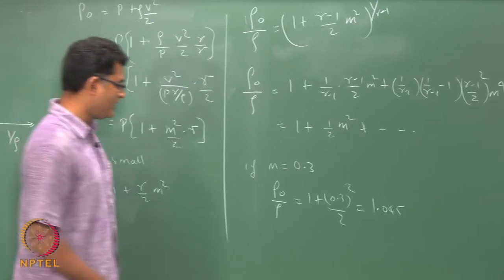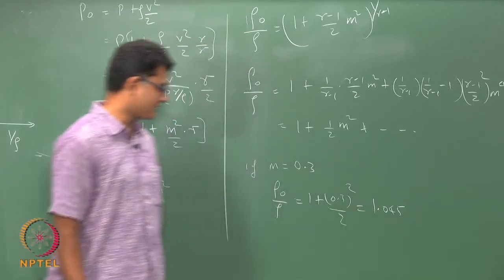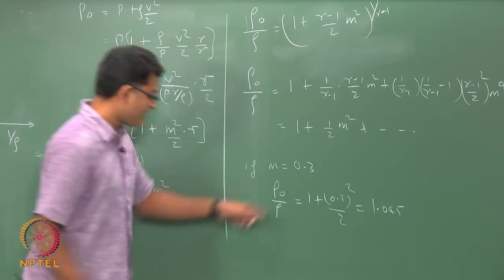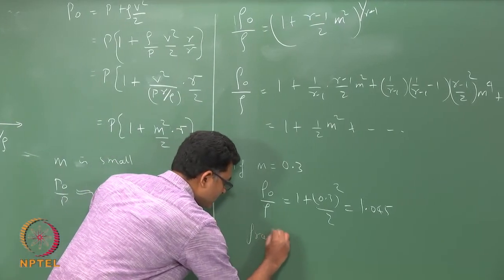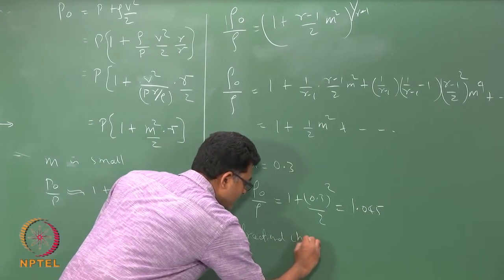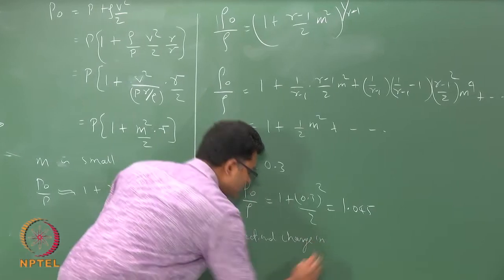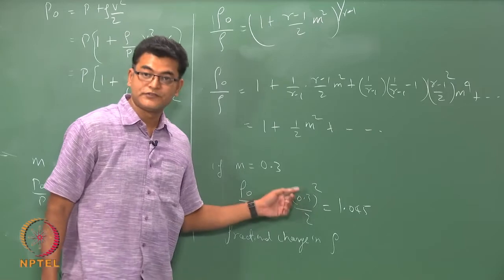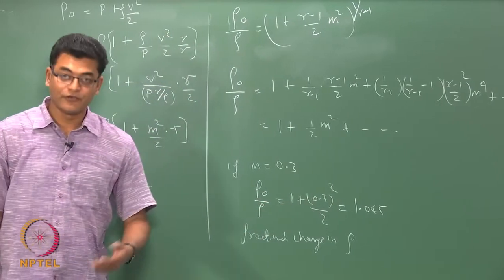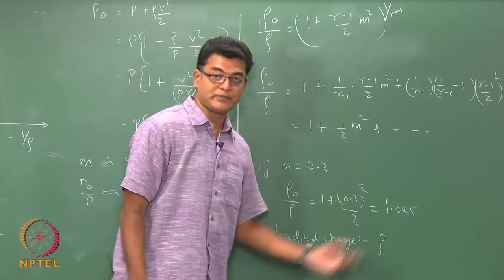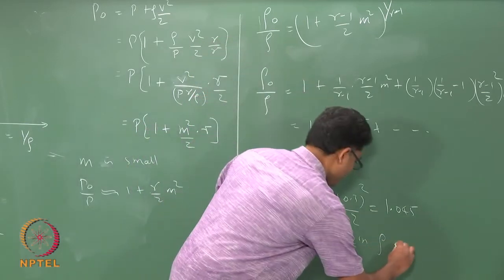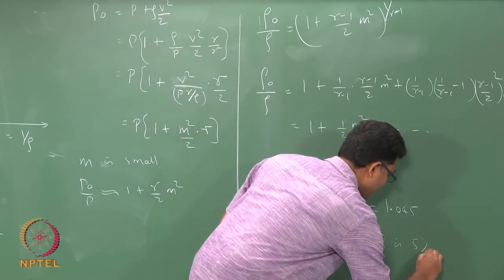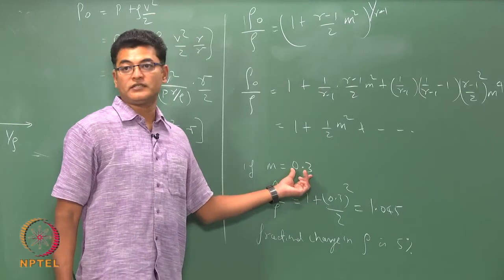It is approximately 5%. So your fractional change in density due to the speed of the fluid, or the velocity of the fluid, is just approximately 5% if it is 0.3.